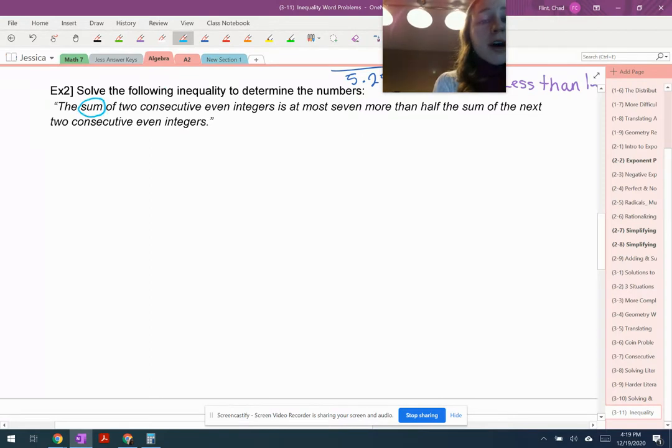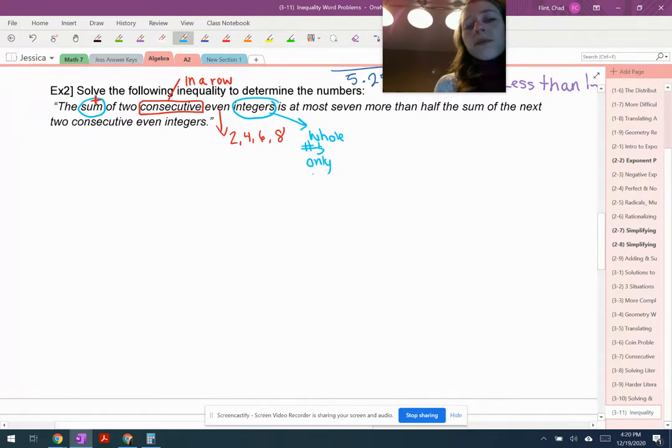The sum of, so sum means addition, two consecutive, we remember means in a row. Even are numbers like 2, 4, 6, 8. Integers, we know are whole numbers, but they can be positive or negative.